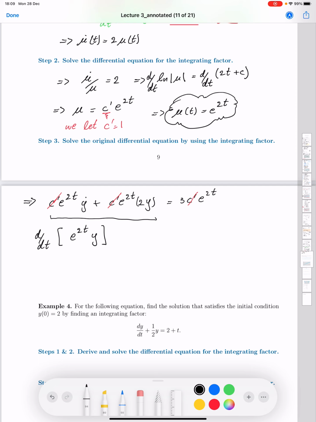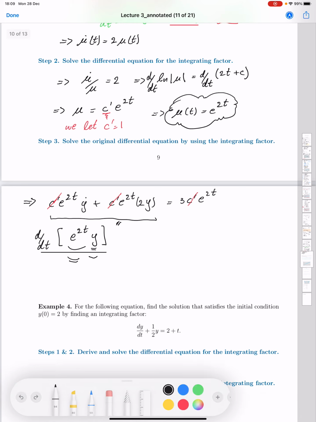However, now this left-hand side is guaranteed to be equal to this. Now just test it out. The time derivative of this term, well, first, it will be e to the power of 2 times t times y dot, and then second, y itself times the derivative of this term, which will be 2 times e to the power of 2t. So you see that these two actually are equal to each other.